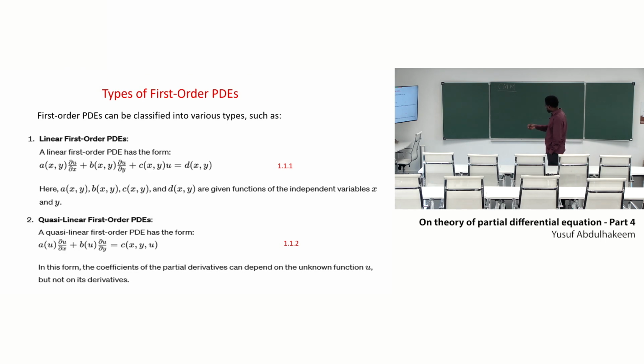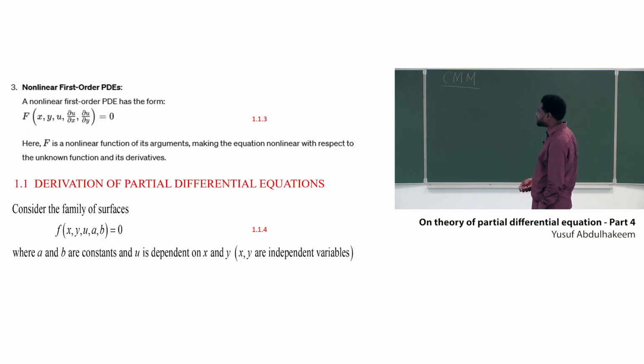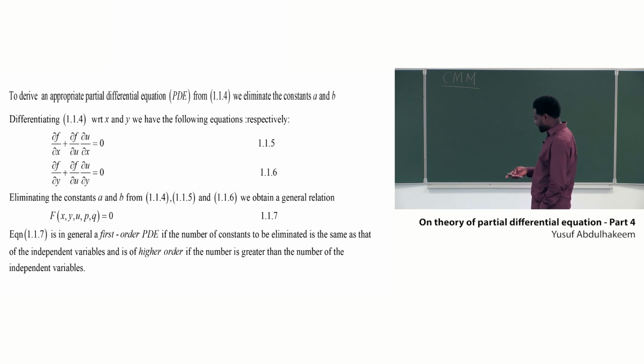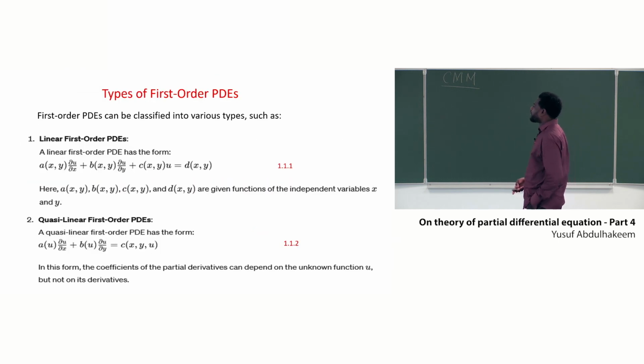Then we talked about the types of first order PDE. We discussed the linear first order PDE, the quasi-linear first order PDE, and the non-linear first order PDE. In our discussion, we said a lot about how we can identify when a PDE is linear, when it is quasi-linear, and when it is non-linear, where we talk about the coefficients of the derivatives that appear and their conditions.